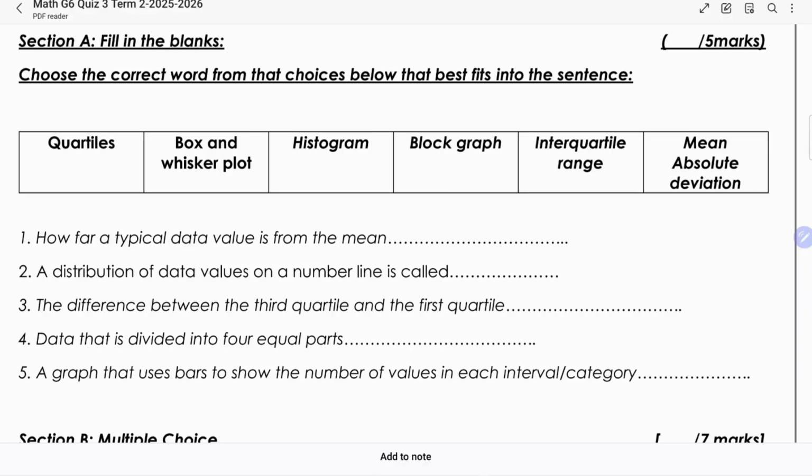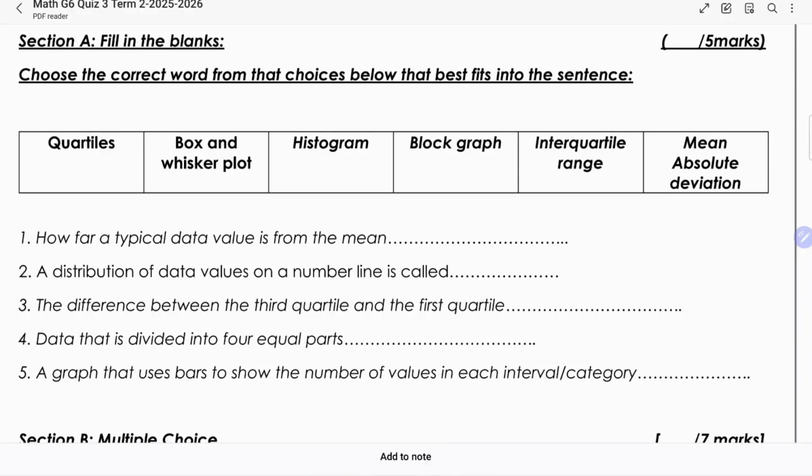Now the first one says how far a typical data value is from the mean. Now we've looked at absolute value. Absolute value is the distance from zero. Now absolute deviation is the distance from the mean. And how far is the same as asking for the distance.